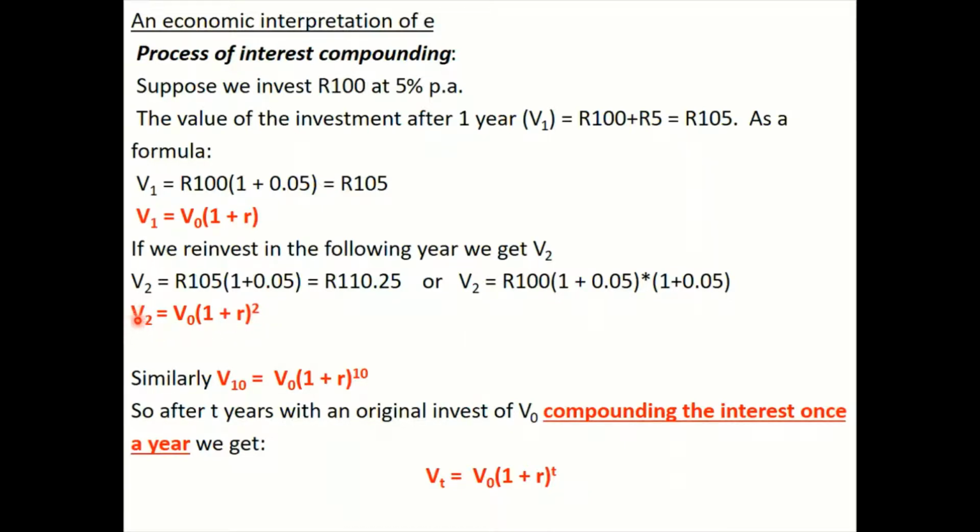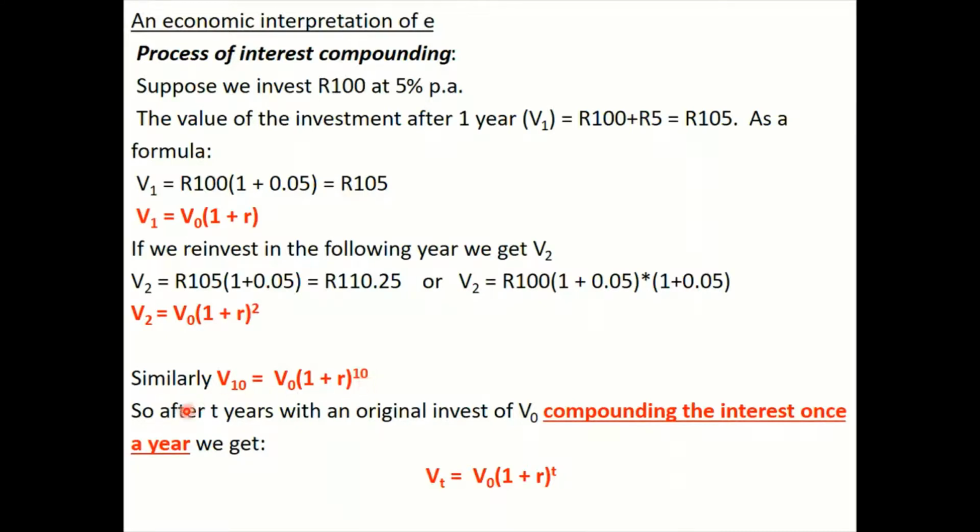So the value of the investment at the end of 2 years would be the value of the original investment, which was 100, times 1 plus the annual interest rate, squared. If we wanted to work out the value of the investment after 10 years, it would be a similar formula, except now we are working with 10 years as opposed to 2.